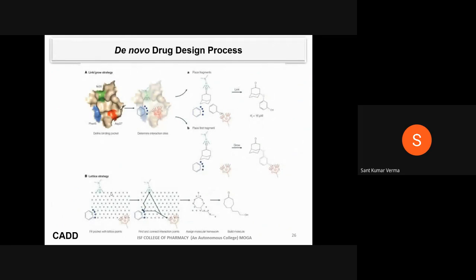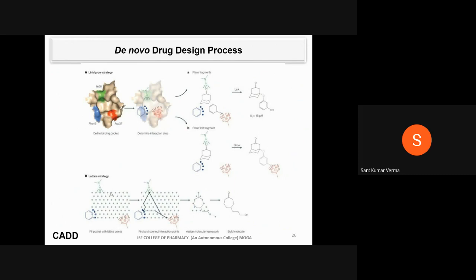In the link strategy, we design a fragment of the ligand which shows maximum affinity with the amino acids present in the active site, and we can design different fragments and then link these fragments with a suitable linker.